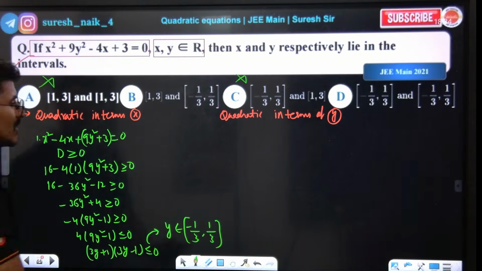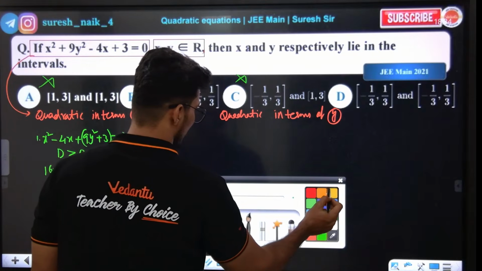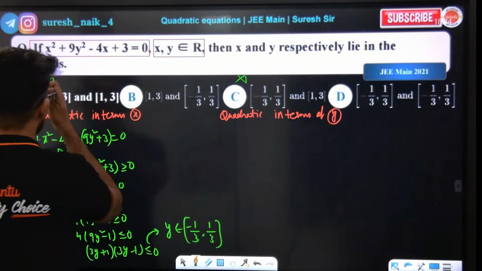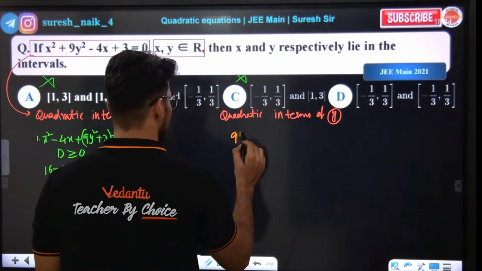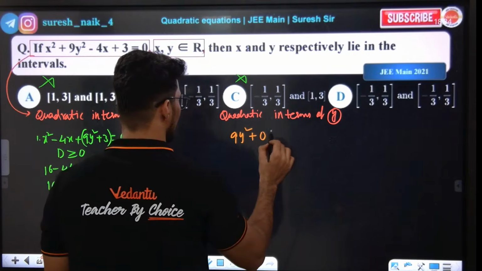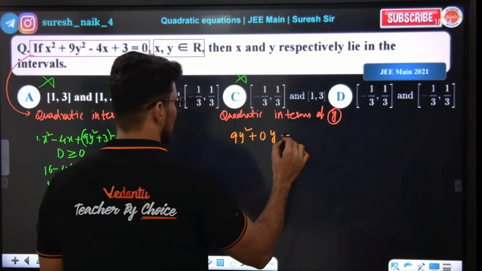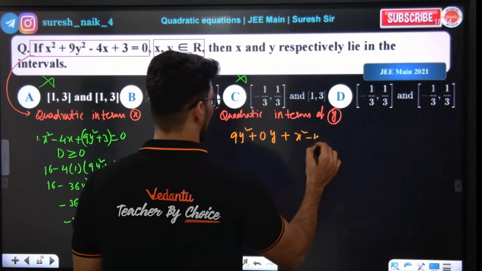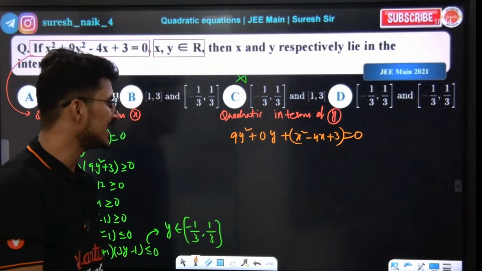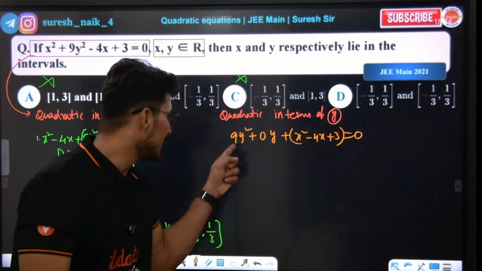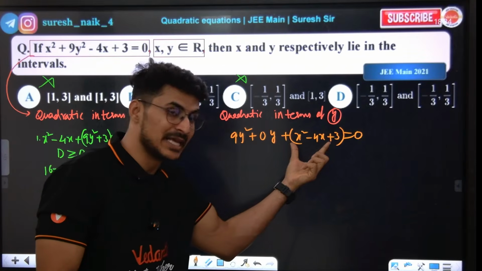Now how do we get quadratic in terms of y? Look, quadratic in terms of y means I'll keep it as such: 9y square as it is plus 0 into y. Next, all the constant terms: x square minus 4x plus 3. Guys, don't say that this is a quadratic in terms of x. For y square, 0y, this is c.